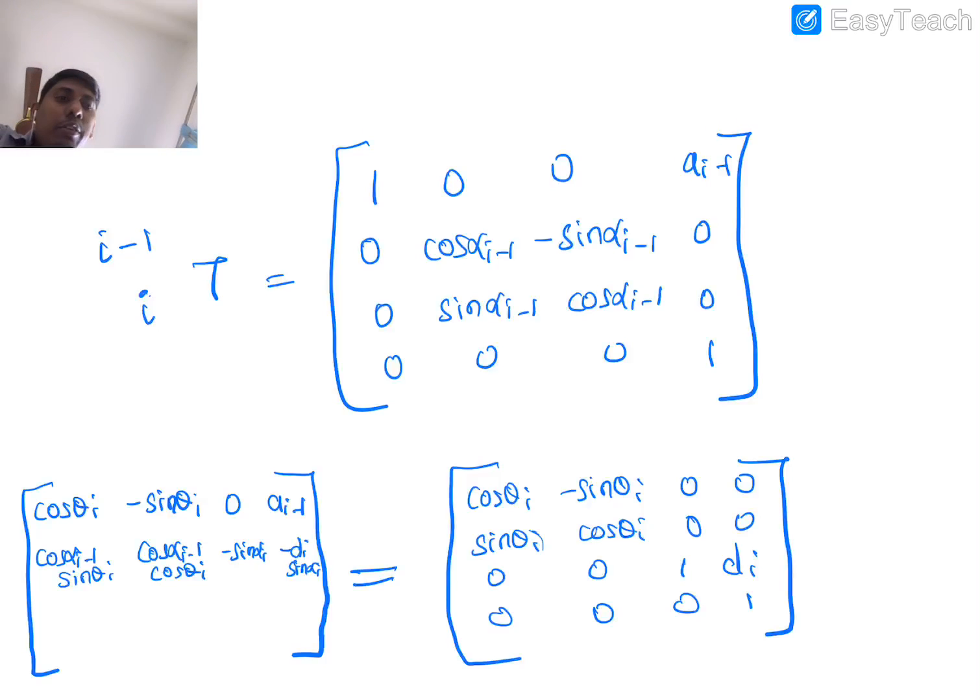The same thing you go for the third row elements. Third row, first element would be sine alpha_{i-1} sine theta_i, and the next element is sine alpha_{i-1} cos theta_i, and here it is cos alpha_{i-1}, and this is d_i cos alpha_{i-1}, and this is 1, and 0 0 0.